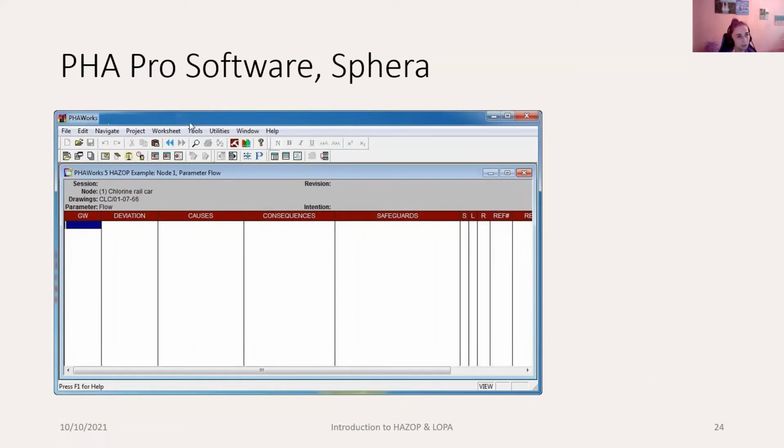Most of the time, in different industries all over the world, PHA Pro software, which is developed by Sphera, is widely used to put down all data from the HAZOP study.